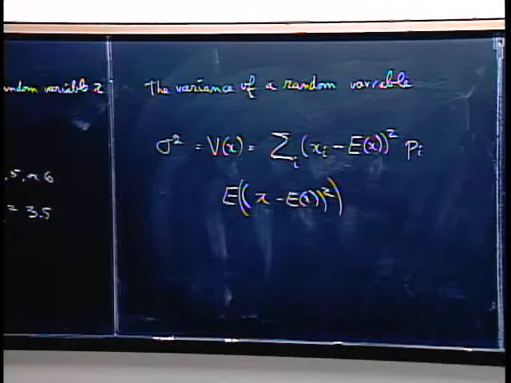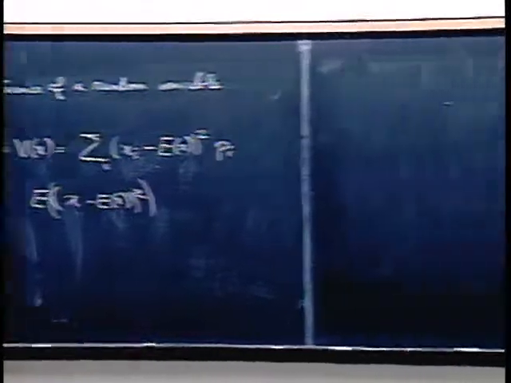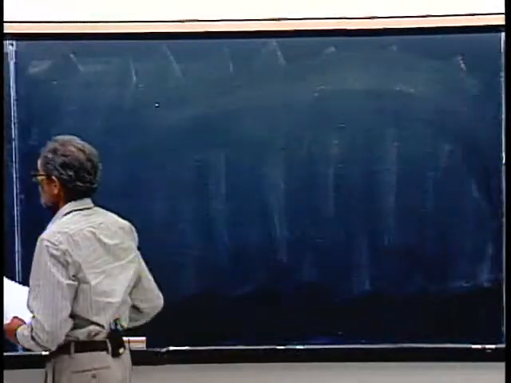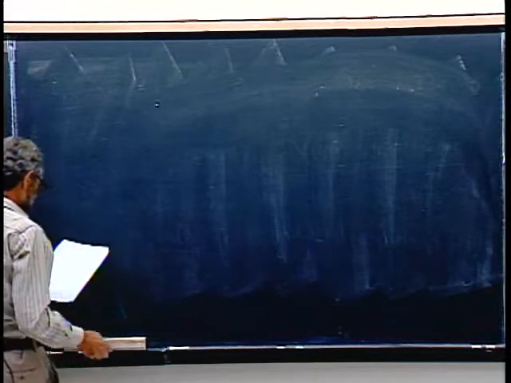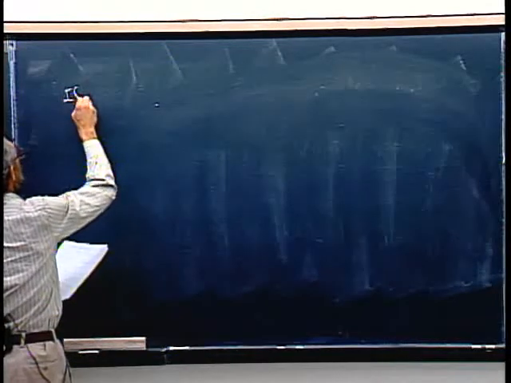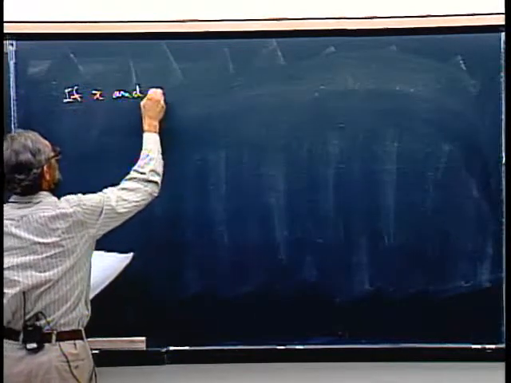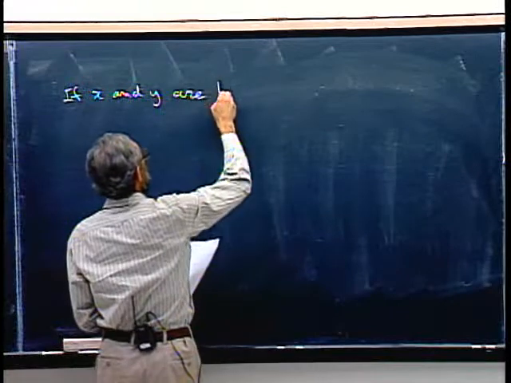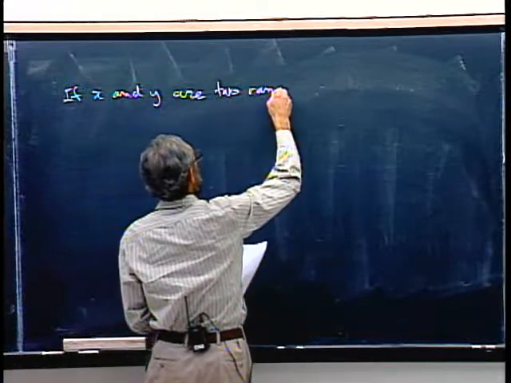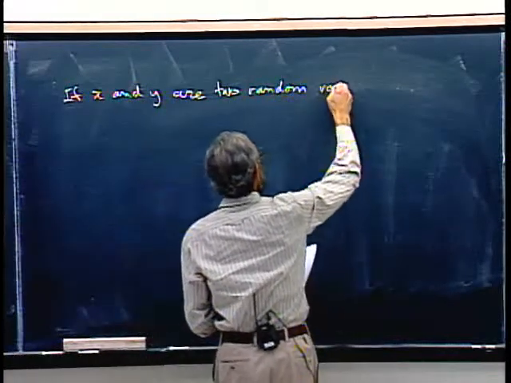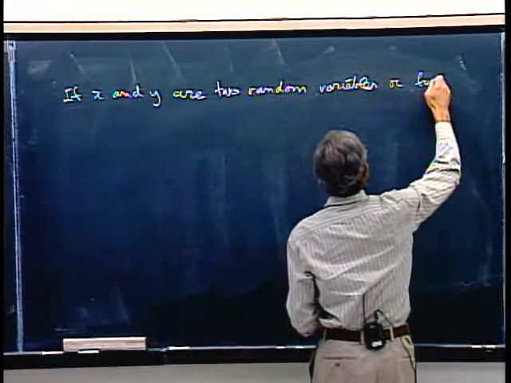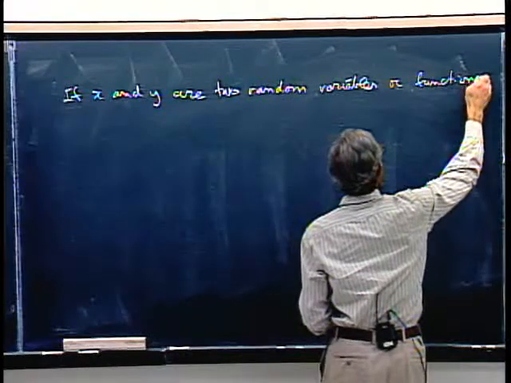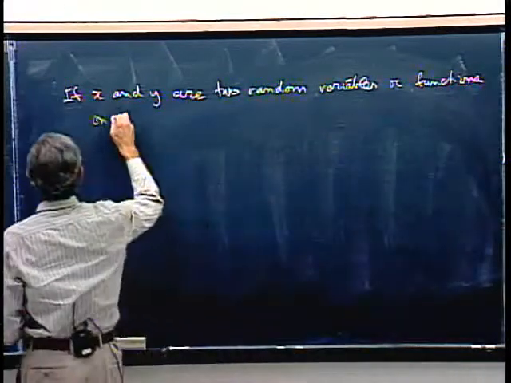So now I want to get some properties of the mean and the variance. The square root of the variance is what's called sigma, the standard deviation. So first I'm going to say if x and y are two random variables, we can even say functions, on the same event space.